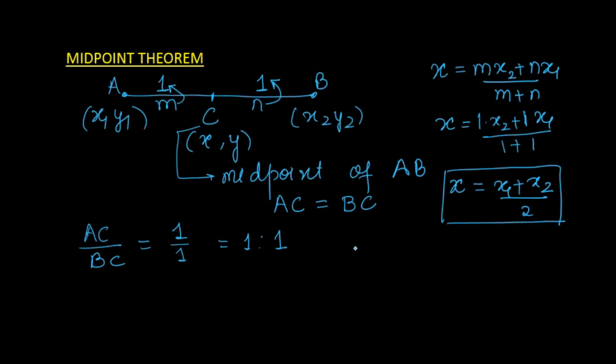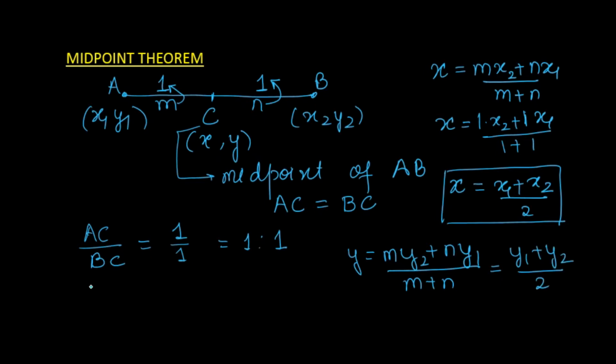So we get the x coordinate as x1 plus x2 divided by 2. Similarly, the y coordinate will be m into y2 plus n into y1 divided by m plus n. With m and n as 1 and 1, we get y1 plus y2 divided by 2.